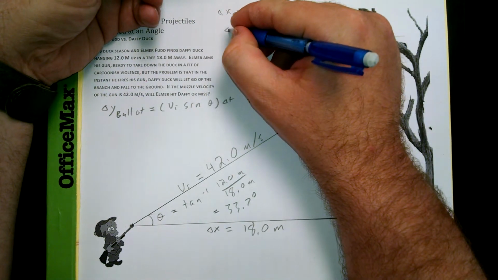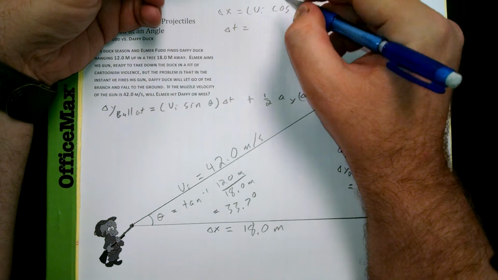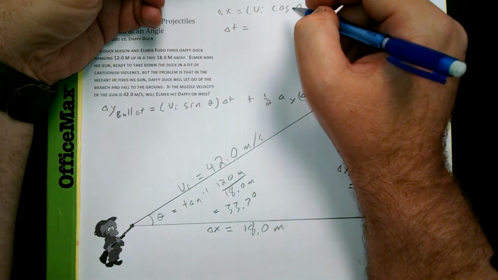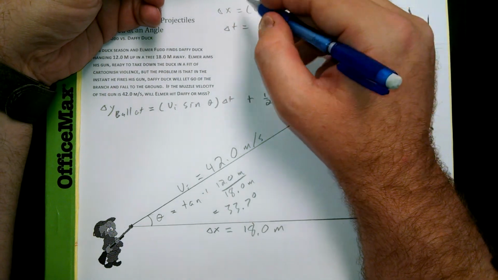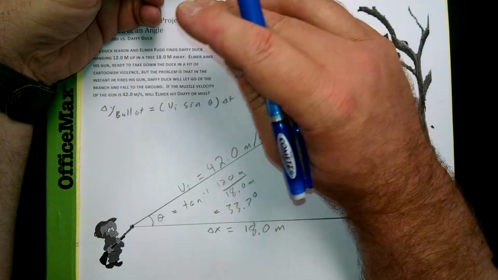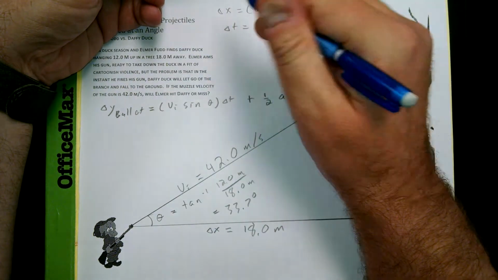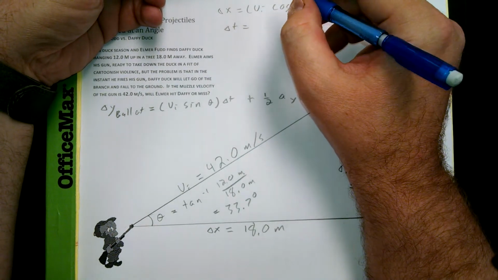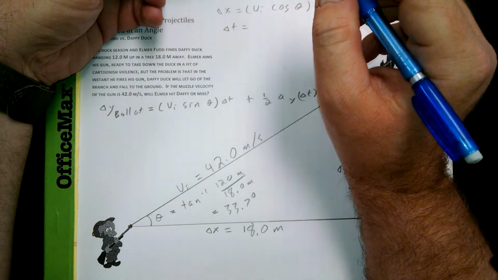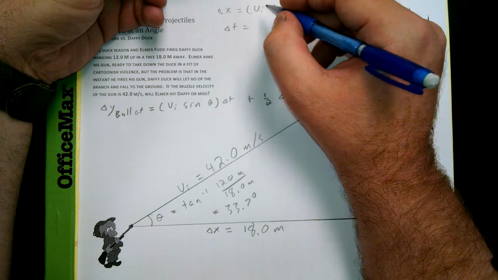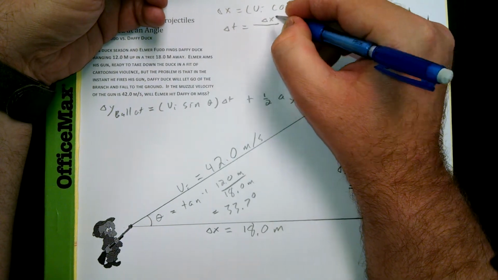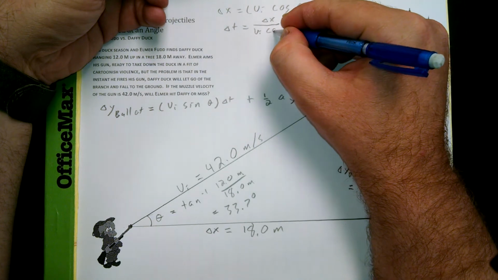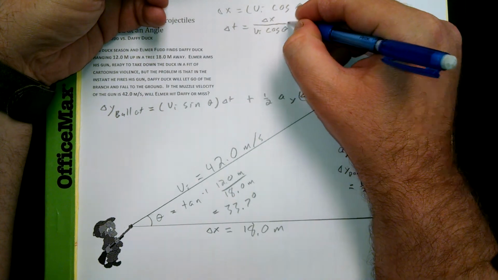So I'm going to change that formula really quick, because whatever you do to one side, you want to do to both sides. And really, the equal sign can be kind of like a pivot point, so I can just rotate the whole formula and then divide both sides by vi cosine of theta. Just remember to use your algebra. Okay, so this is going to be delta t is equal to delta x divided by vi cosine of theta.